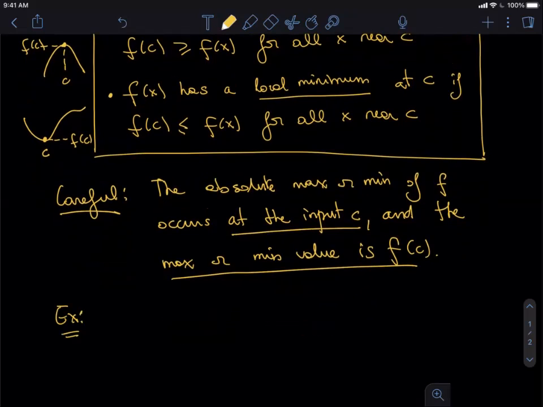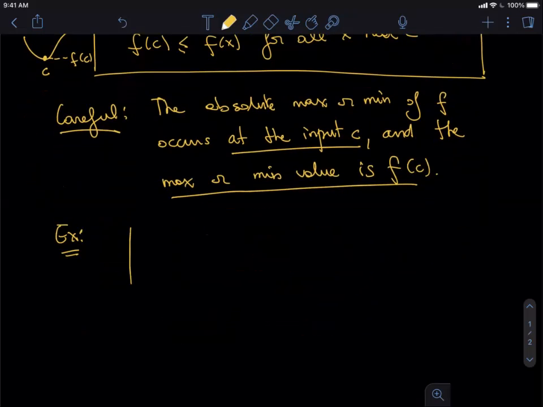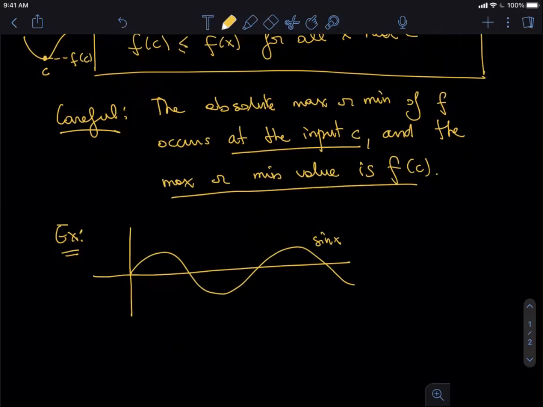Let's see some examples, because here we are saying local maximum, right? So let's say we have the sine of x, and I'm standing in this point. So this point, what is the value of f, the sine of x at this point?